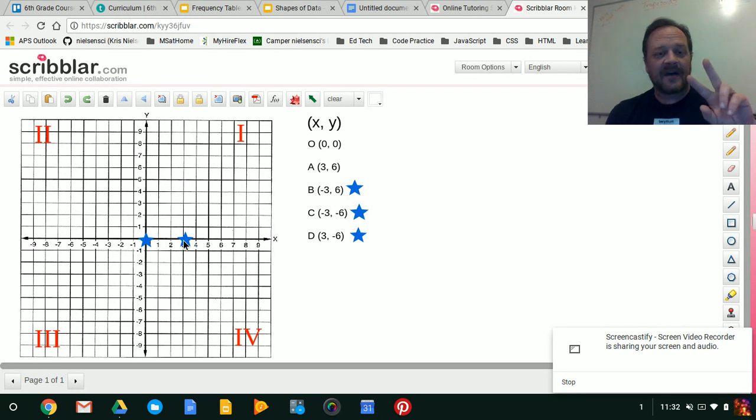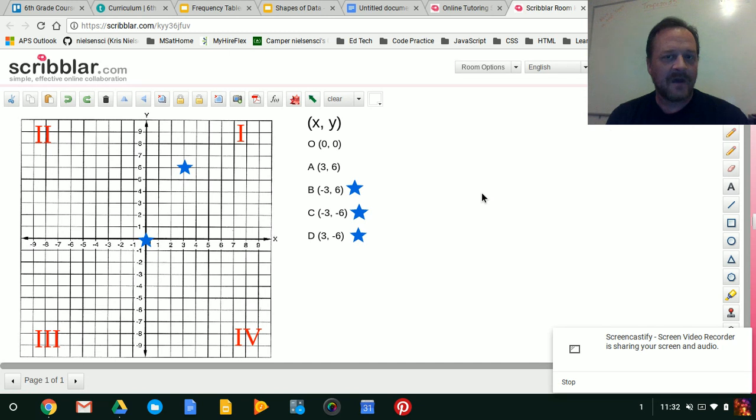So I have 2 choices. I can either go up or down. Since this is a positive 6, if you look at the Y-axis, positive 6 is up from there. So I've already gone my 3 spaces to the right, and now I'm going to go 6 spaces up. And right where those 2 meet, the 3 and the 6, that's where I'm going to drop this star. That's where the point (3, 6) is.